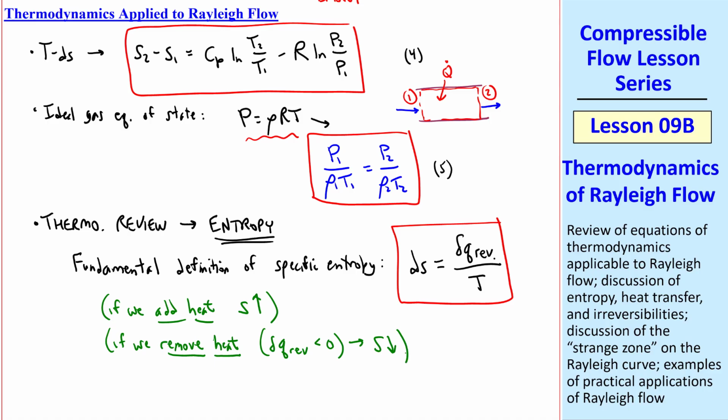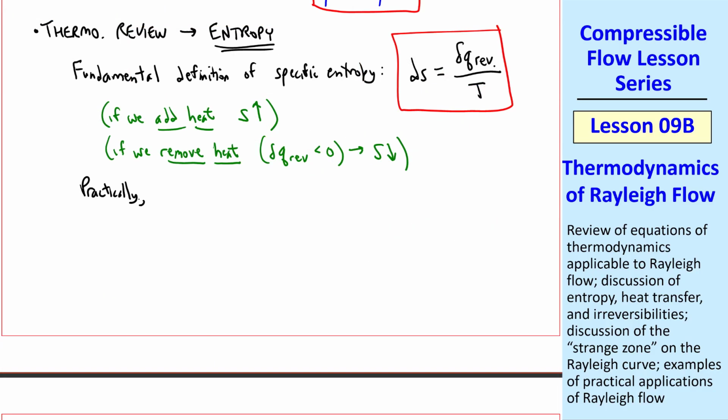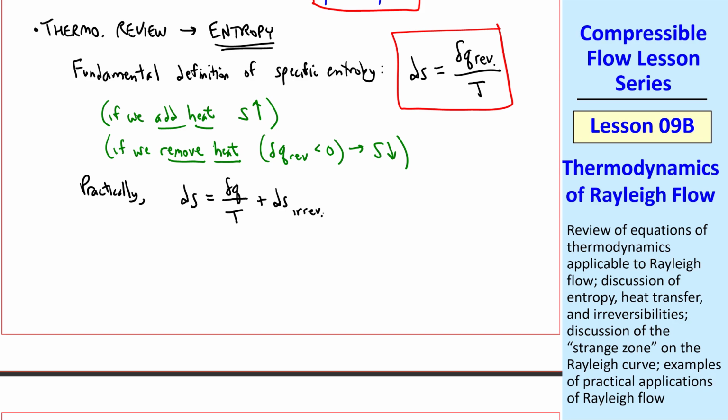A lot of students think that entropy always increases, but if you take heat away, even for a reversible process, entropy does go down. Practically, however, nothing is really reversible, so we write ds equals delta Q over T plus ds irreversible, where this delta Q is not necessarily reversible, and it's the irreversible part of ds that's always greater than 0, or in the limit greater than or equal to 0 if there are no irreversibilities.